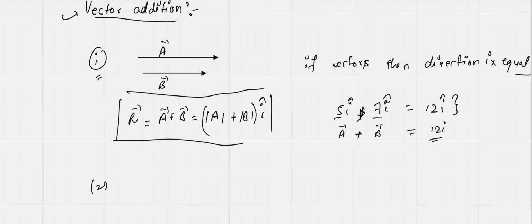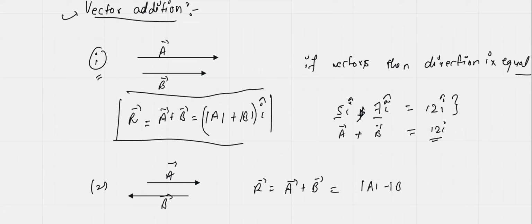If they're anti-parallel like this, you can simply do the reverse of it. Instead of adding the magnitudes, you subtract the magnitudes. Let's say this is A, this is B. So what will you get as the resultant? The direction is opposite. Okay, are you getting it? Direction is opposite, so the magnitude of A minus the magnitude of B will give the result in some direction.